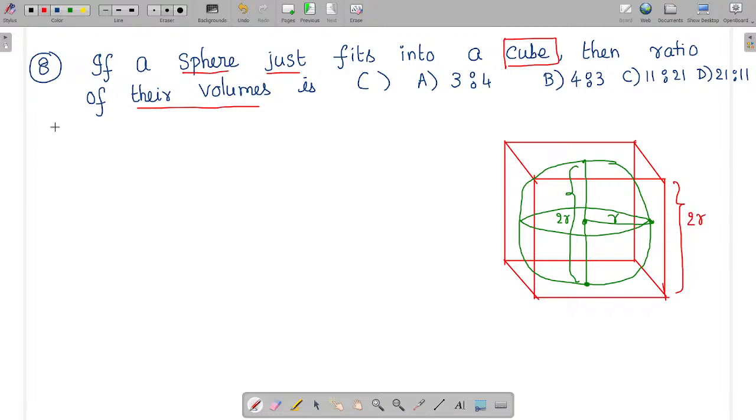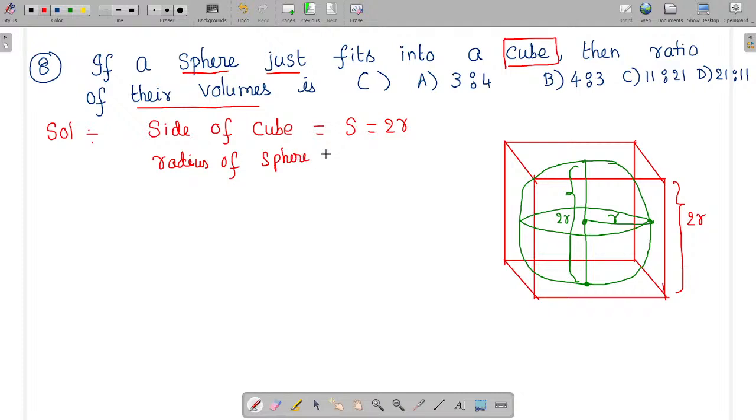Right. So now the solution, see the idea. Side of cube, say s, is equal to 2r. Radius of sphere is equal to r.